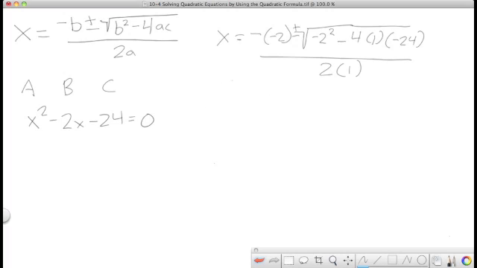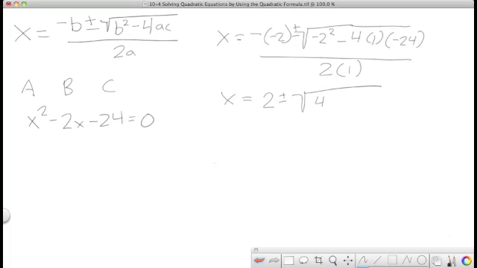So let's go ahead and solve this. X equals negative 1 essentially times negative 2, which is going to be 2, plus or minus the square root of negative 2 squared, which is 4.